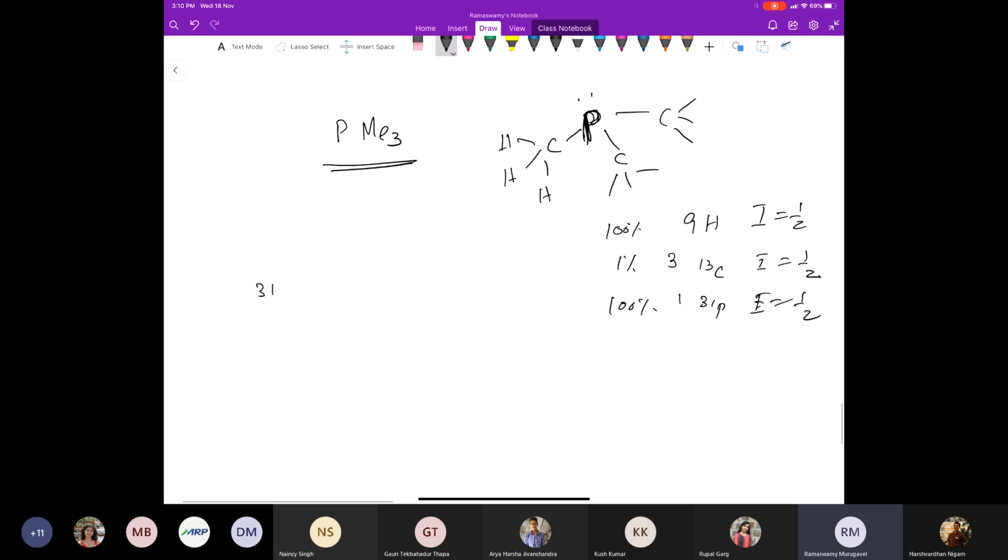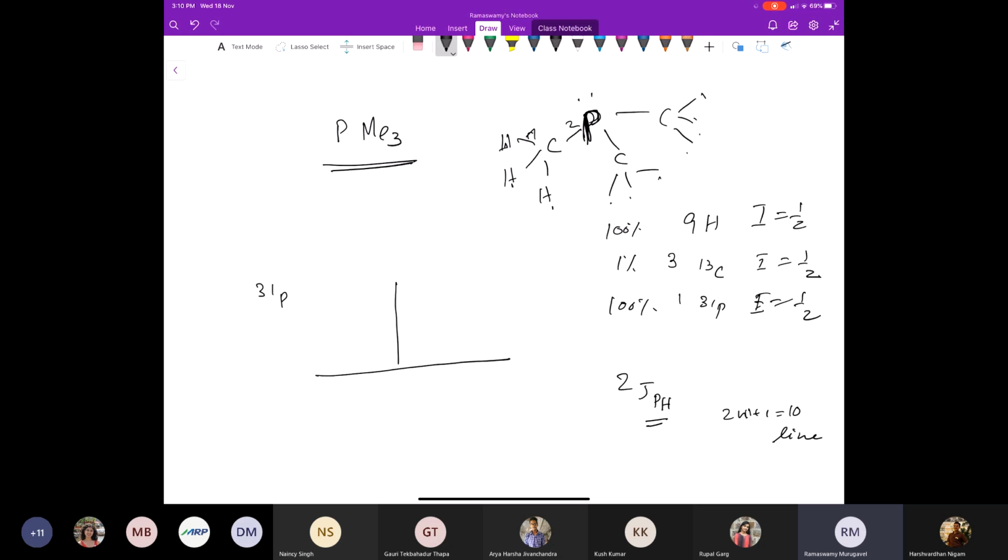The 31P NMR, that's the spectrum. If it's decoupled, if I ignore all the protons, it will give only one line. Suppose if we couple the spectrum, I have 1, 2, 3, 4, 5, 6, 7, 8, 9. 9 protons are two bonds away. So I'll have a 2J PH. 2nI plus 1 would be 10 lines.